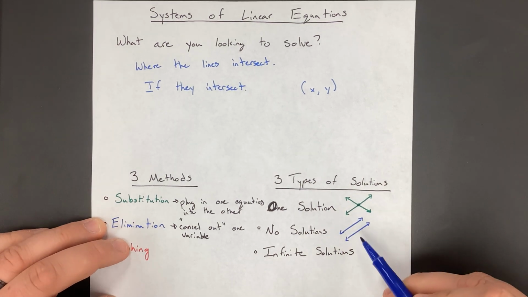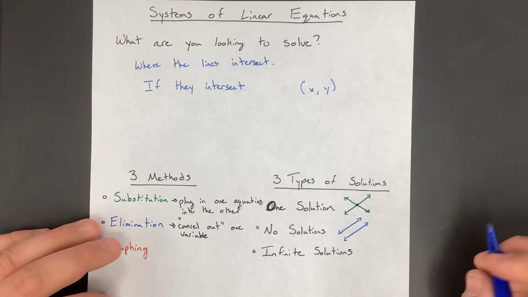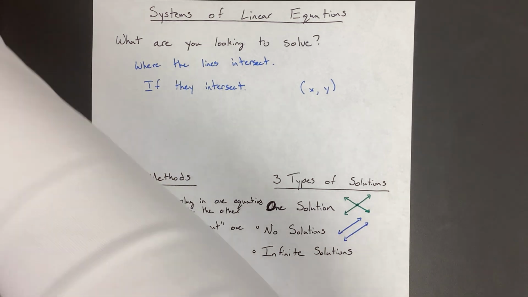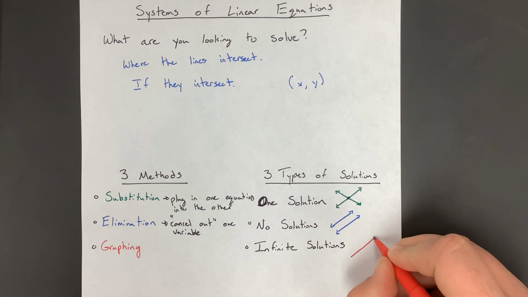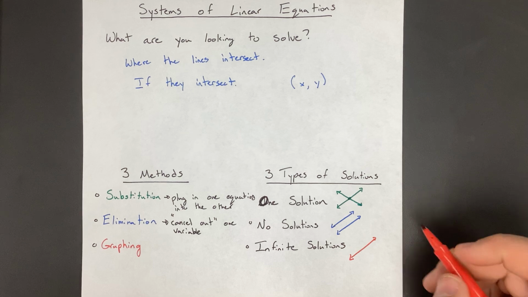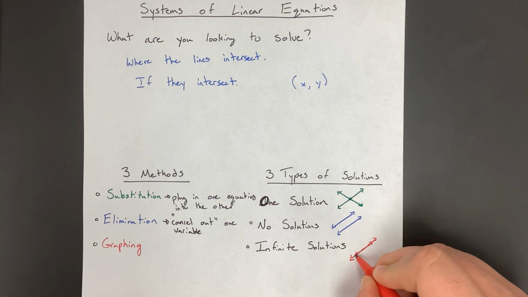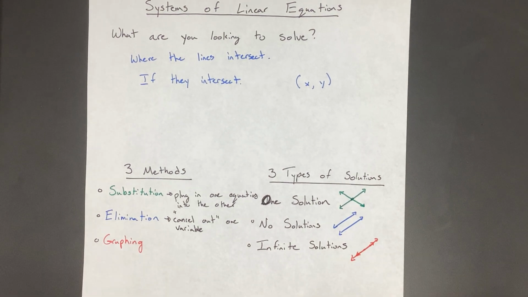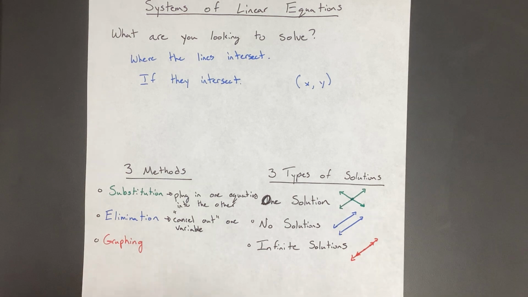The definition of parallel means that neither line would intersect the other. They run parallel to each other. And then our last scenario would be infinite solutions. Let's say we graph one line, and then we go to graph our second equation, and it ends up being the same line, meaning that those two equations, when graphed, intersect each other an infinite number of times, going on forever.